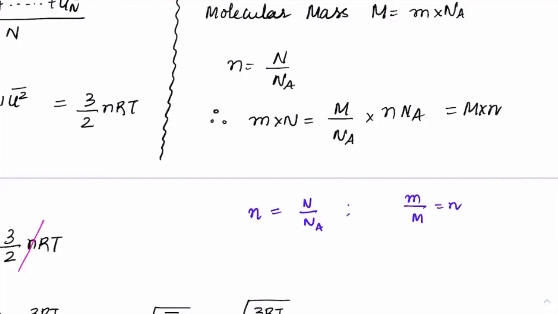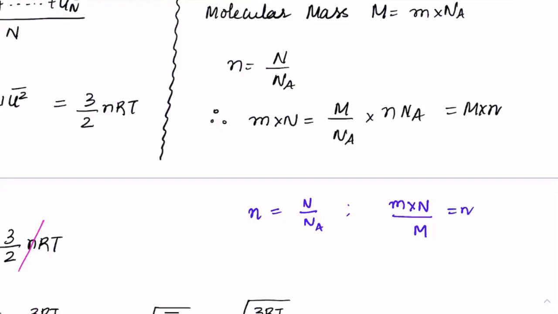So now you can see that I can write it as m by M. M is the molar mass. We know that molar mass is represented for 1 mole of it. So if you have mass m of a particle, then this is for one single particle, got it? So for a single particle, whatever be the mass, single particle mass into n gives us the total mass, right? So this total mass divided by M should give us the number of moles.